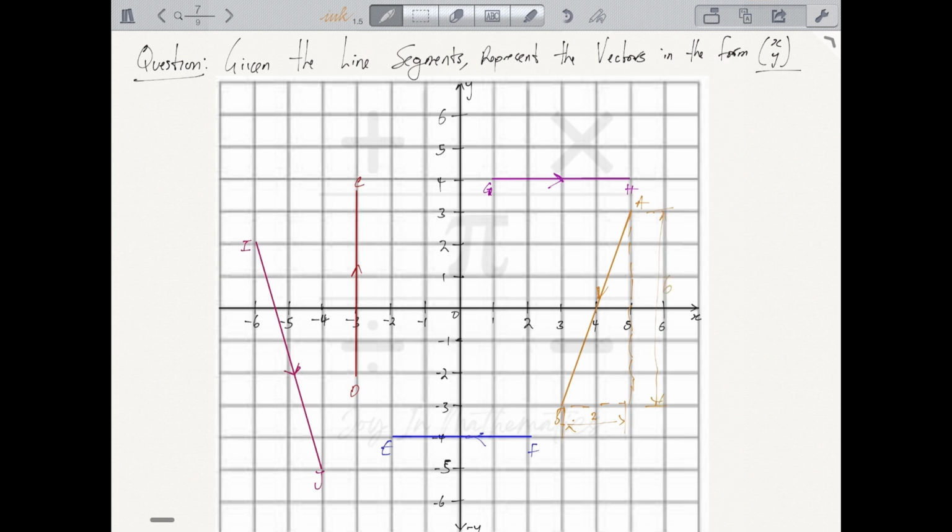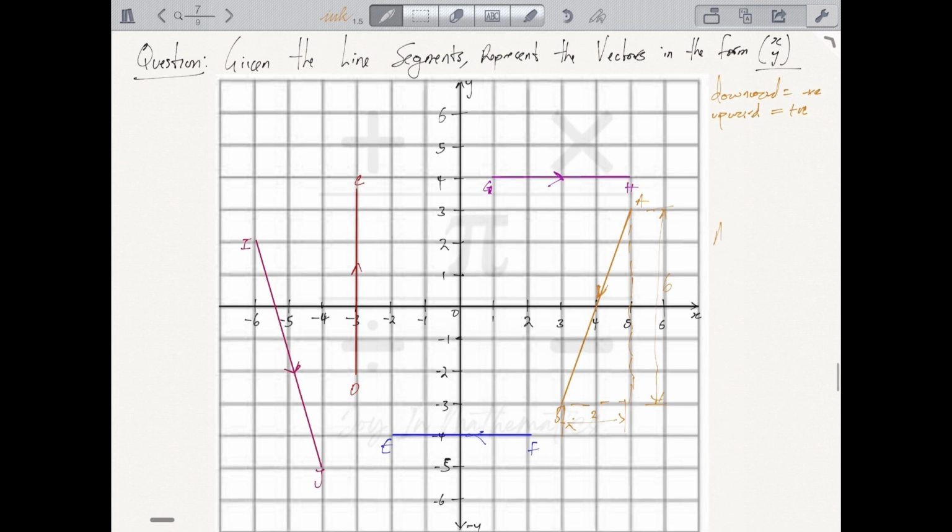Now it is going downwards, and we have established that when it is going downwards, it is negative, and when it is going upwards, it is positive. A has an x component of 2 and a y component of 6.